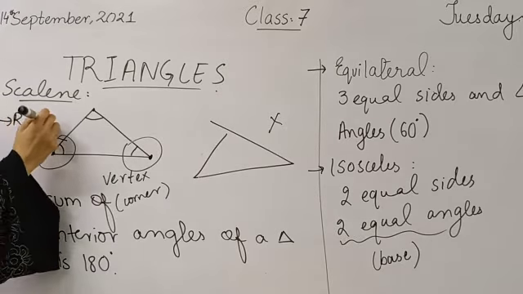For example, these two sides are parallel sides. Similarly, these two sides are parallel sides. Sides that never meet and have the same distance apart from each other.